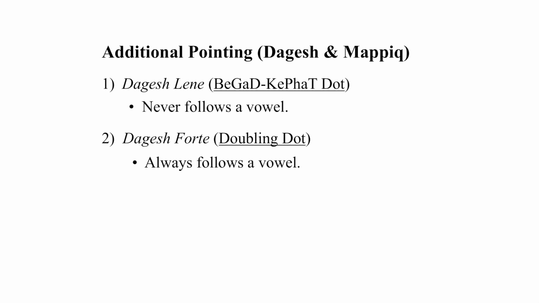The second type of dagesh always follows a vowel. Dagesh forte, strong dagesh, hard dagesh. This is what we might call the doubling dot. So we have the begad kafat dot for hard and soft pronunciation. The doubling dot indicates two consonants. So in your first example, we have the word chite.